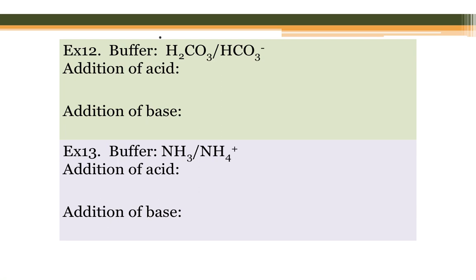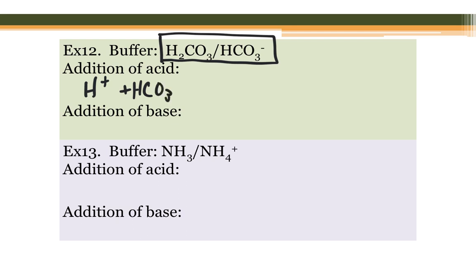So if this is my buffer system here, and I add an acid, a generic acid is just written as adding H+. So if I add H+, it's going to add to one of those two substances to produce the other. So in this case, it would actually add to the bicarbonate, HCO3-, producing H2CO3.